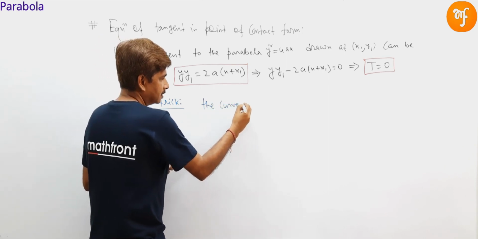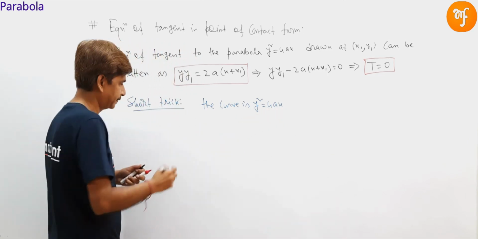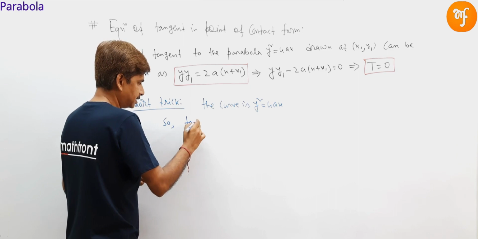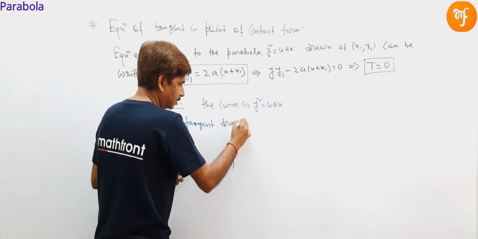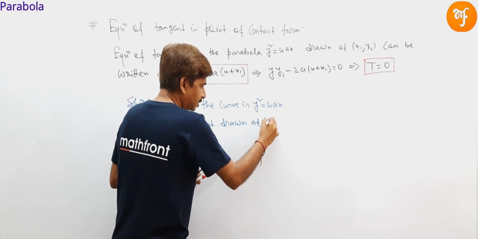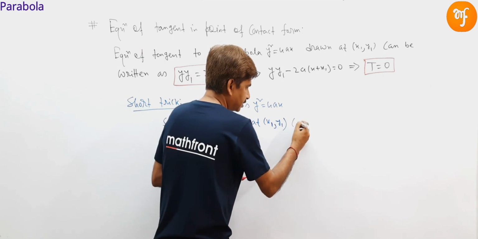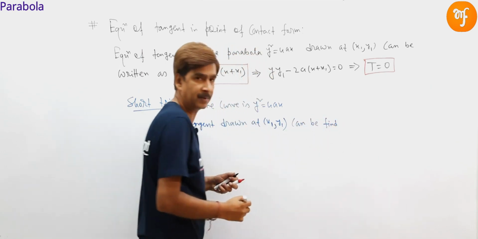So here also the short trick is, the curve is y square is equal to 4x. Okay, so the tangent drawn at x1 comma y1 can be found by what?